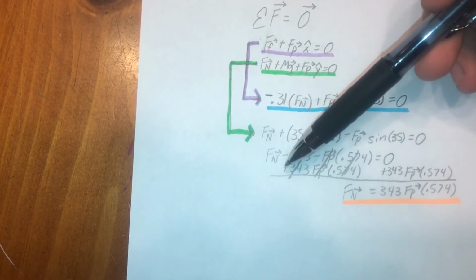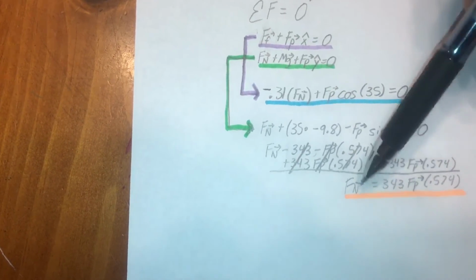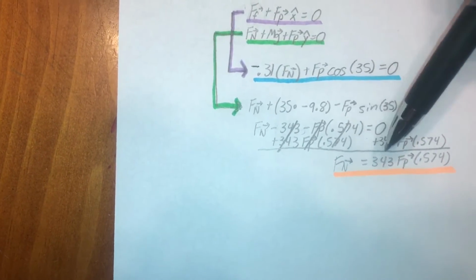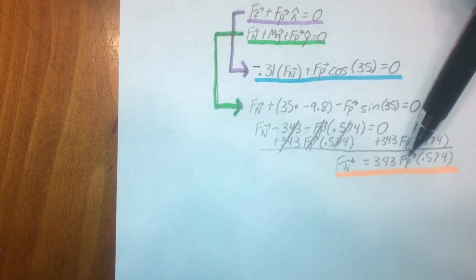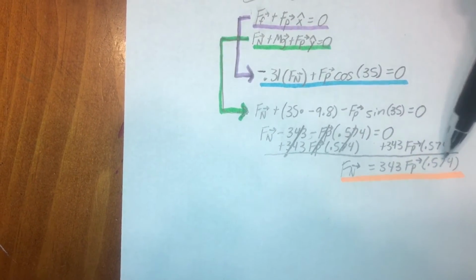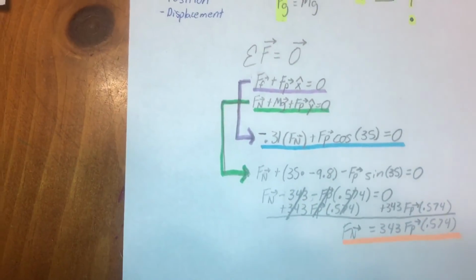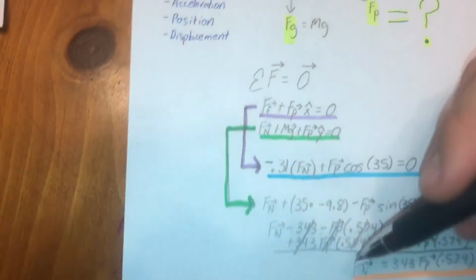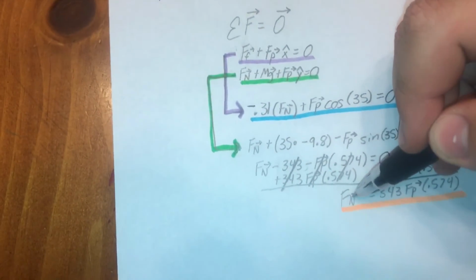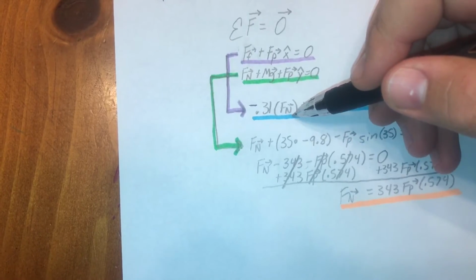Then I took everything away from this side, put it on this side. So that left me with my normal force equals 343 plus my pushing force times 0.574. I'm going to hold on to this equation and keep it in mind, because I'm going to need this equation to plug in for this equation on the next page.